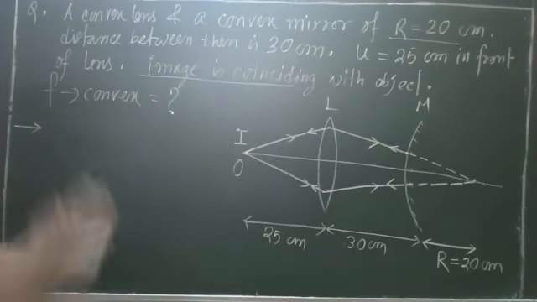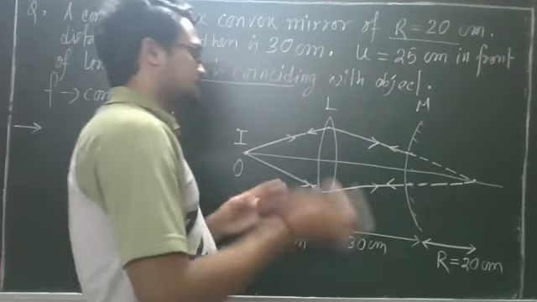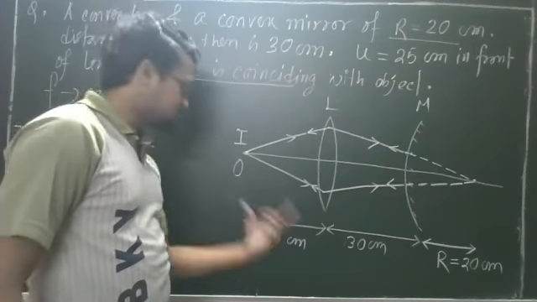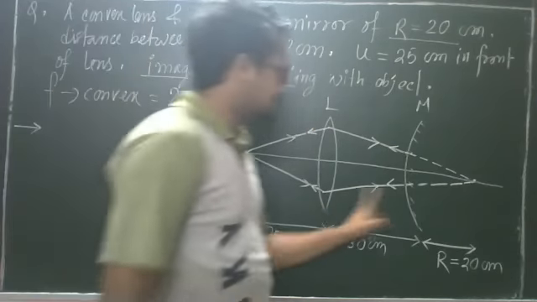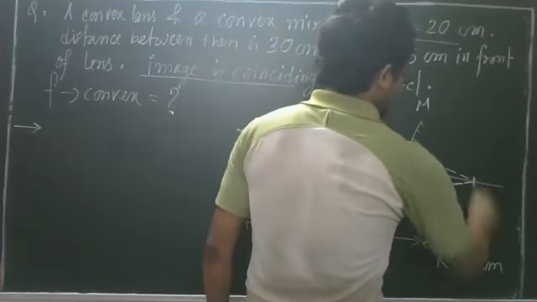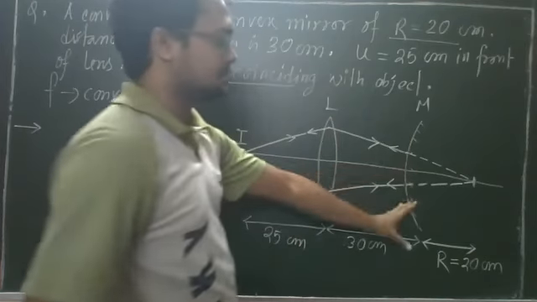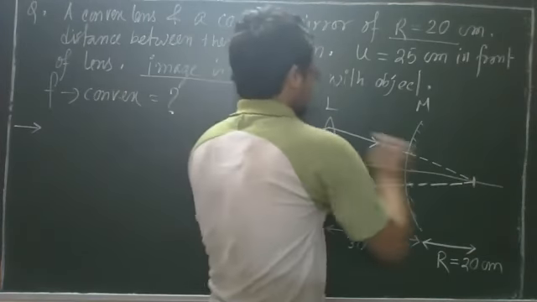Clear? This is the concept that you have to understand. If you understood this, then it is very easy. Now the object distance we know from the lens. If we remove the mirror, the image will be formed here. This is the image distance for the lens only.